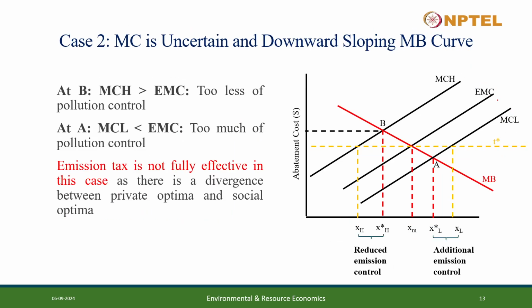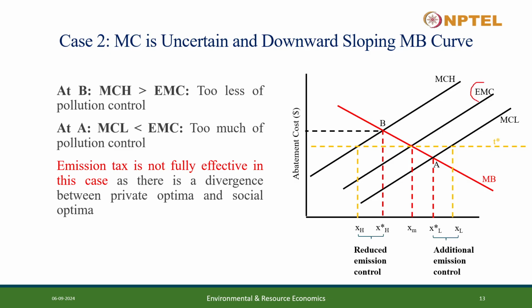So next one, let's say that when marginal cost is uncertain and the marginal benefit curve is downward sloping. So this red line will be our marginal benefit curve, and we have three cases.